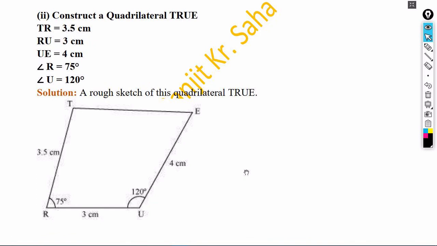TR equal to 3.5 centimeter, RU equal to 3 centimeter, UE equal to 4 centimeter, angle R is equal to 75 degree, and angle U equal to 120 degree. Let us see how to construct these quadrilaterals practically.